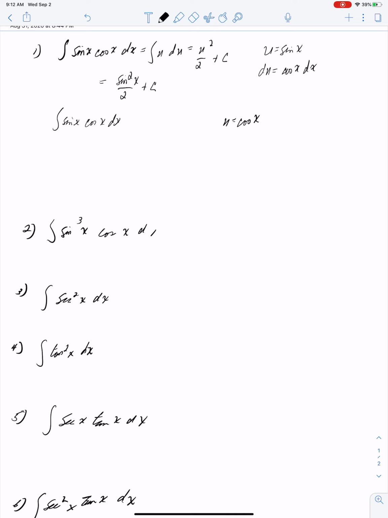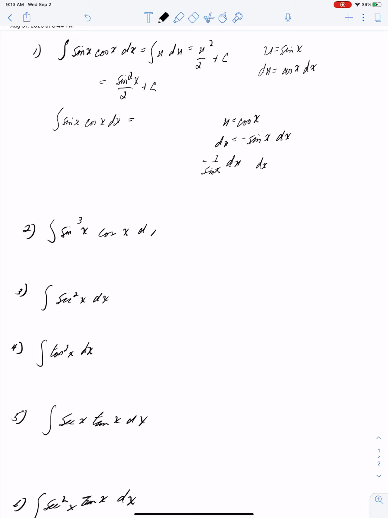Well, if u is cosine x, then du is minus sine x dx, right? So if you want to write things out, dx is minus 1 over sine x du.